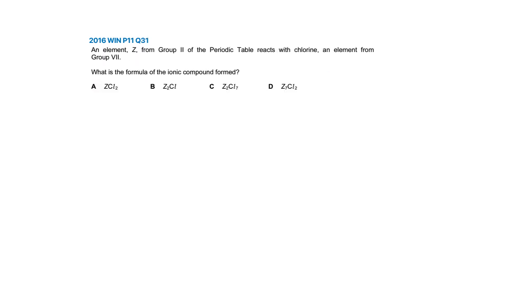Element Z from group 2 of the periodic table reacts with chlorine, an element from group 7. Okay. So element Z is going to be group 2. So it forms an ion with a charge of 2 positive, whereas chlorine will form a charge of Cl minus. So how would they bond? 2 plus, Cl minus.